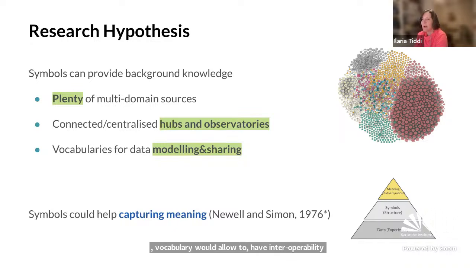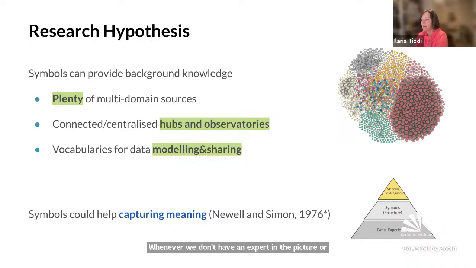Then the idea was, okay, maybe we can use all this information which is available online to help us explain the patterns that an algorithm gives us, whenever we don't have an expert in the picture, or whenever we are missing the background knowledge to explain them.